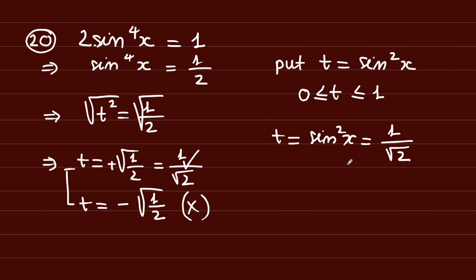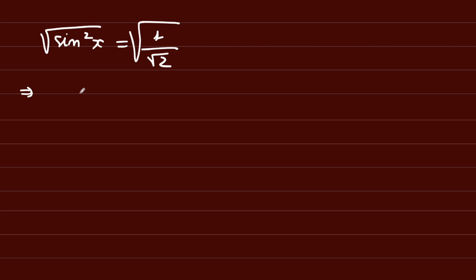How can you solve this? How can you figure out sine square h equal to this value? A little complicated, right? So look at this. You got sine square h equal to 1 over square root 2. This means you need to take the square root of this side and the square root one more time for this one.